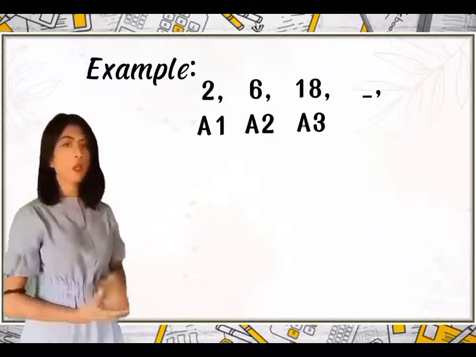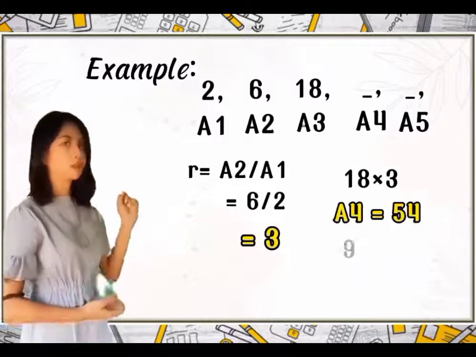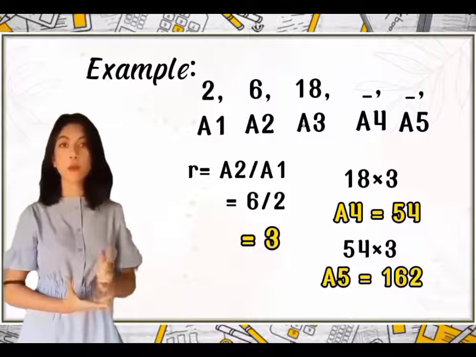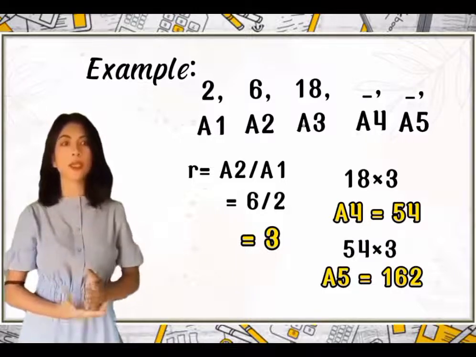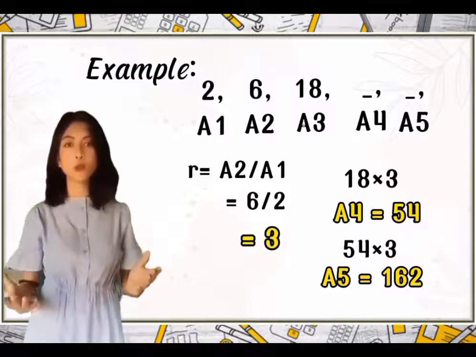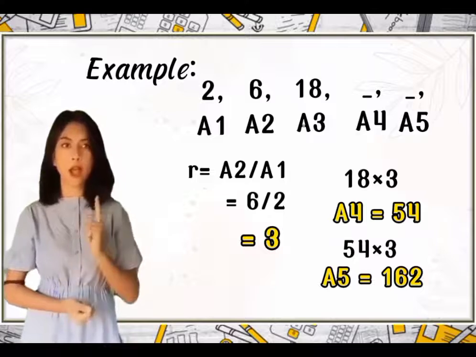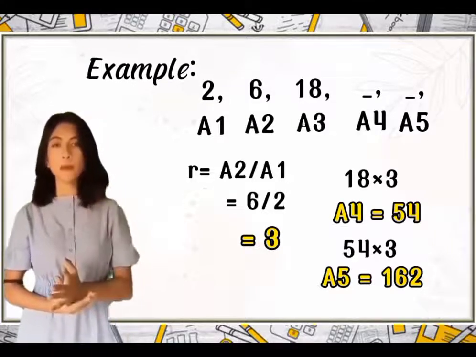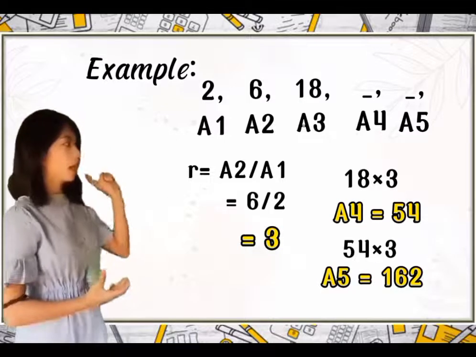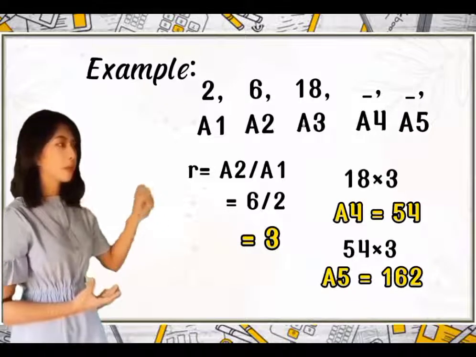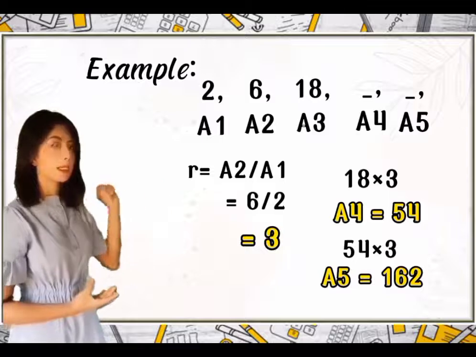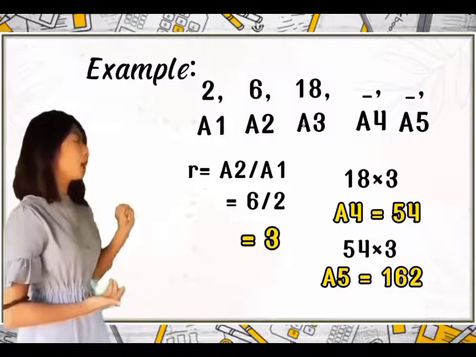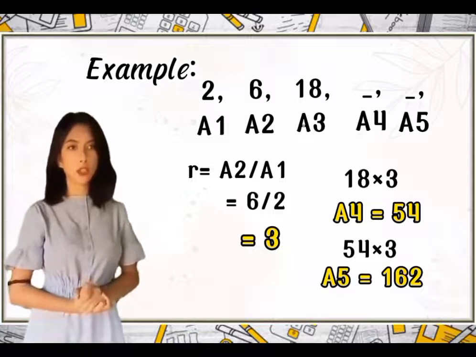For example, 2, 6, and 18. We have a fixed number; when we multiply, we get the next term. Here we get the common ratio, which we call R. If we divide the second term by the first term, 2 is our A1, the first term, 6 is our A2, the second term, and 18 is our A3, the third term.